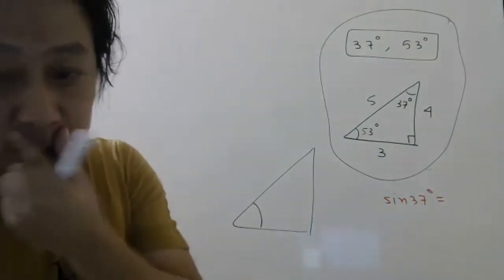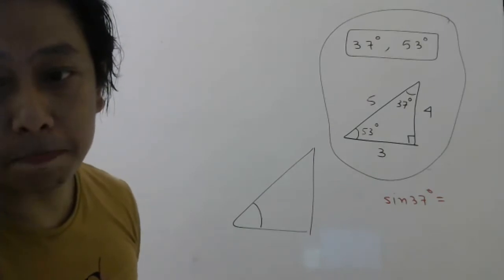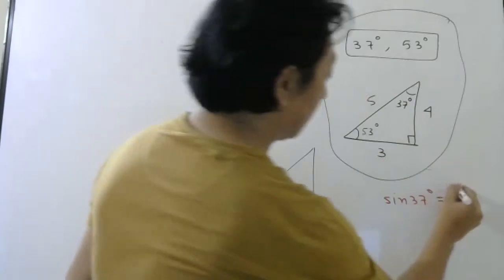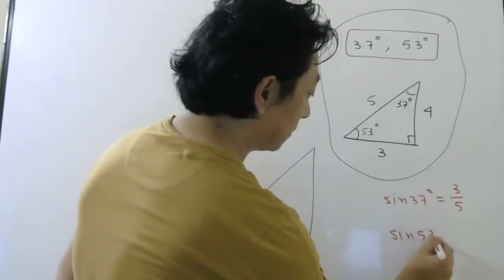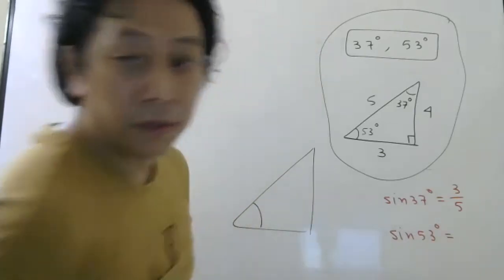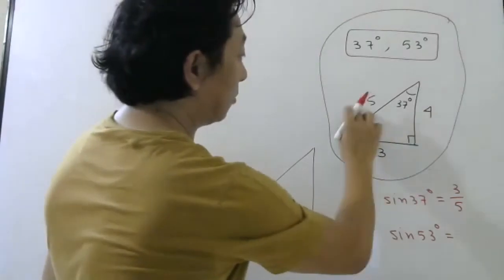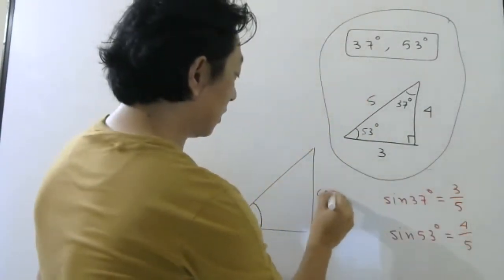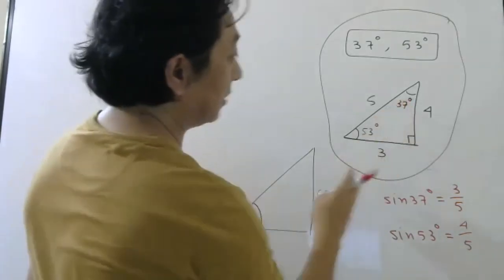Sine 37, from this triangle you tell: opposite is 3, hypotenuse is 5. Tell me sine 53. Sine 53. Opposite is 4, hypotenuse is 5. Cos 37. Cos 37. Adjacent is 4.